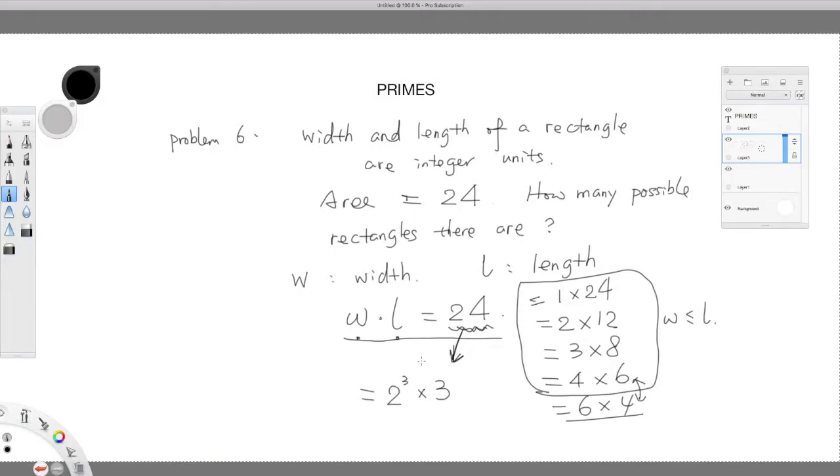So the total number of factors has this formula: it's going to equal this power plus 1 times this power plus 1, which here is power 1. So this will be 3 plus 1 times 1 plus 1, totally 8 factors. Now here we of course only have half of that as different combinations because we're limiting W to be less than L. Otherwise, if you don't have this limit, it will be exactly 8 such factors.